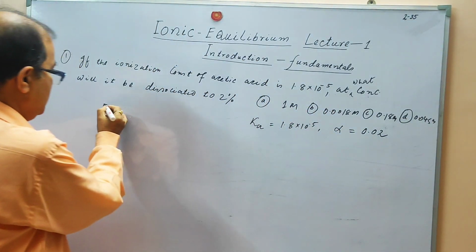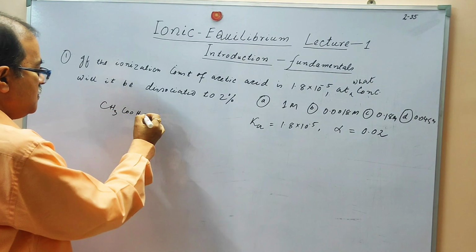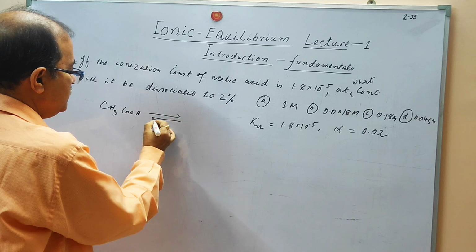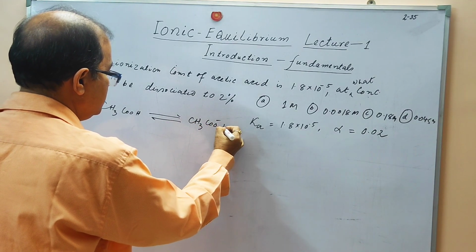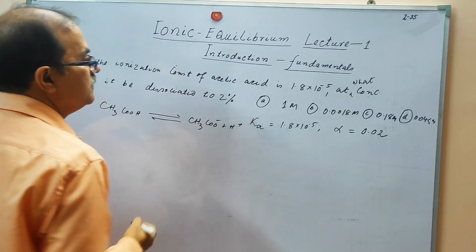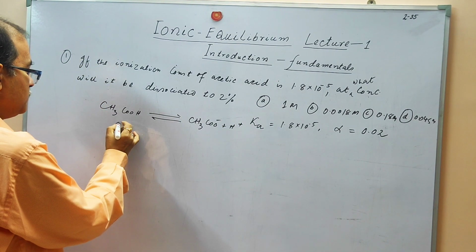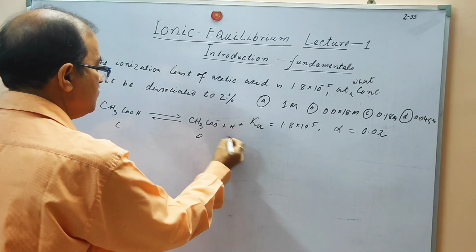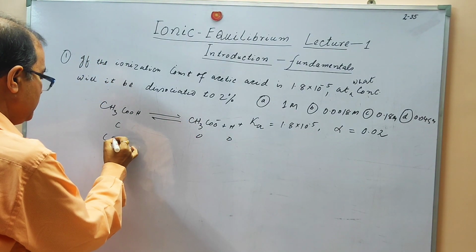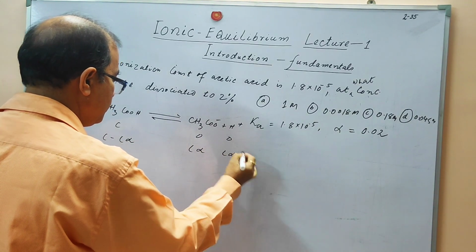Now the acetic acid, when it ionizes, it will give CH3COO minus plus H plus. Suppose the initial concentration is C, and the ions are 0, and now it will be C minus C alpha, C alpha and C alpha.